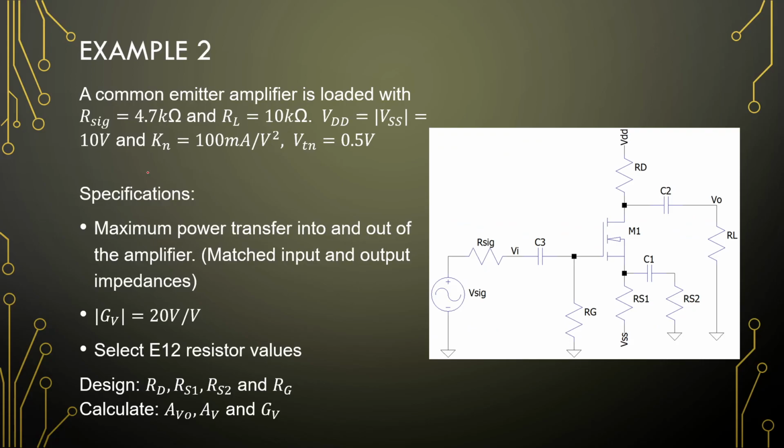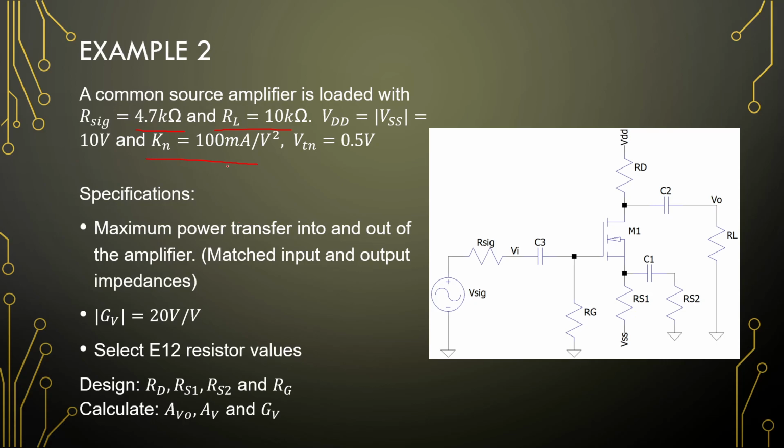Right. Our second example says that we should design a common source amplifier which is loaded with 4.7 kilo ohms and a load of 10 kilo ohms. VDD is VSS, 10 volts.